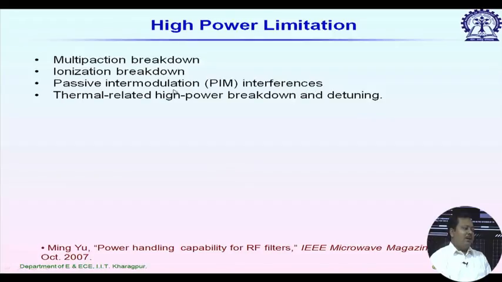So, what is passive intermodulation? By intermodulation we understand mixing of two signals, as we observe for mixers. To translate the frequency, we need some sort of non-linearity, and for non-linearity we can use diode, we can use transistor, but for a passive device like rectangular waveguide or for a printed circuit board guiding structure, what is the source of this intermodulation?